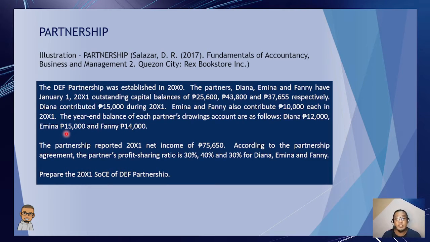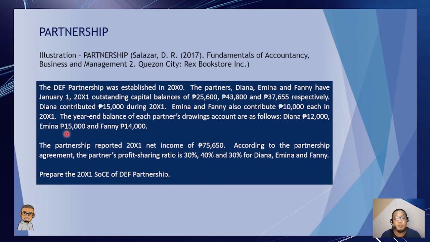Okay, now, the partnership reported net income of 75,650. Now, as I was telling you earlier, according to the partnership agreement, the partners' profit-sharing ratio is 30%, 40%, and 30%. Now, Diana has a 30% share of that 75,650.